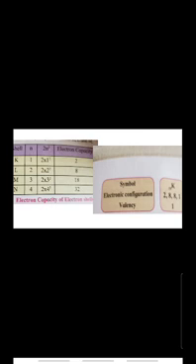Third shell, even if its capacity is 18, on filling 8 electrons, the octet is complete, and therefore the next electron will go into the next shell. So that is what we mean by there are other different laws which are also taken into account for filling of the shells.